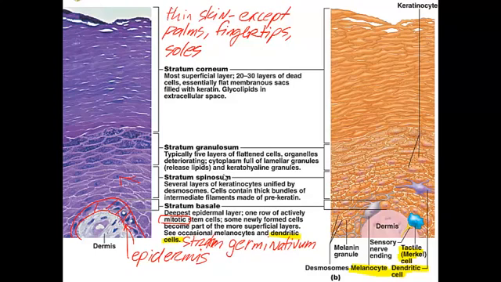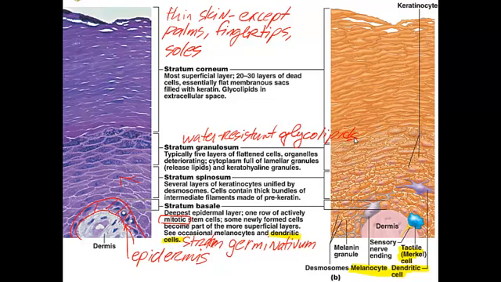So where the keratin is eventually produced. The other important thing that we see here are these water-resistant glycolipids. And the reason these are important is because this is going to give the skin the ability to resist against excess water. So it gives the skin the ability to kind of act like a raincoat.